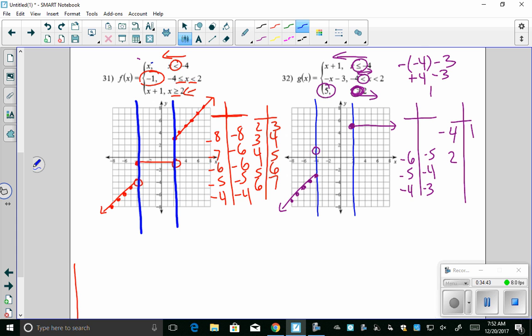So take out the -4 and put a 2. 2 minus 3 is -1. It is also going to be an open circle. So you're going to go to 2, -1. Draw an open circle. Just connect them. All you have to do is get 2 points and connect them.